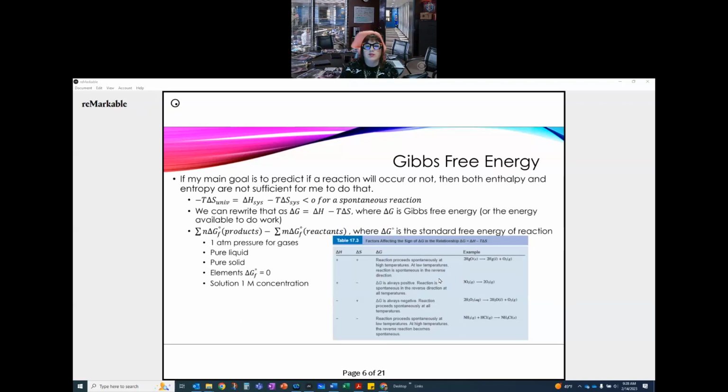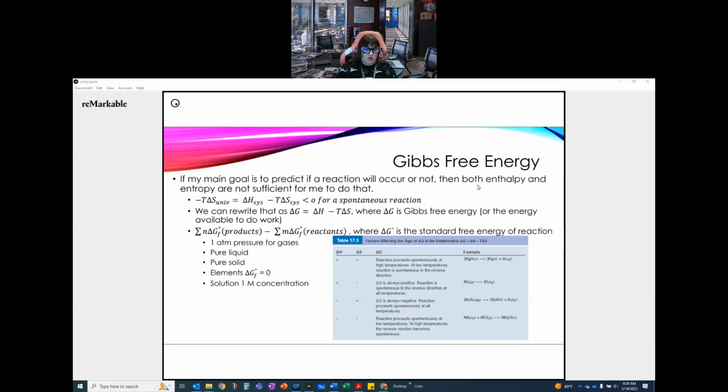So let's talk about Gibbs free energy. Okay. So if my main goal as a chemist is to predict if a reaction will occur or not, then both enthalpy and entropy are not sufficient for me to do that. There's not enough information in either one of those for me to be able to say definitively that yes, it's going to occur.